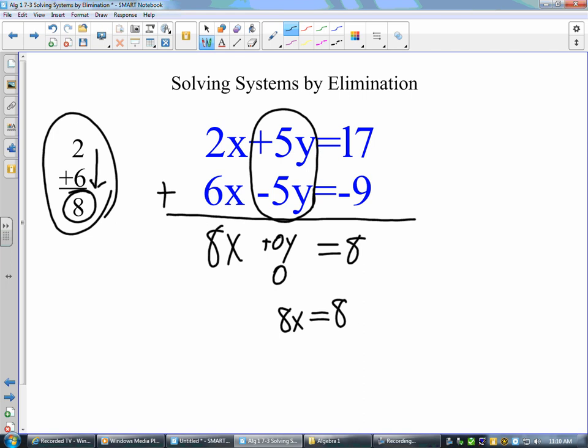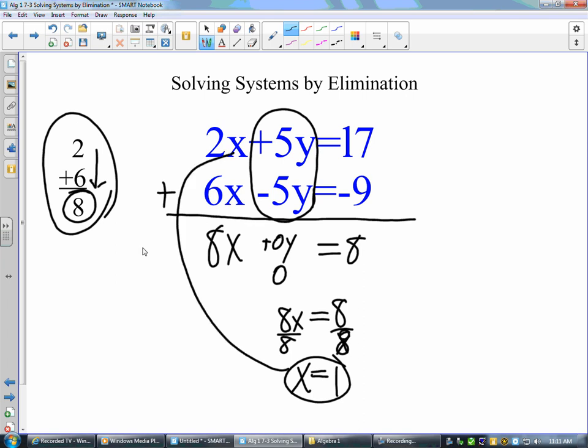Once I'm here, I can simply divide by 8 and get x all by itself. 8 divided by 8 is a 1. X has to equal 1. Now that I know that x equals 1, I can take this number and pick one of my two equations, and it doesn't even matter which one, and put it back in my x spot.